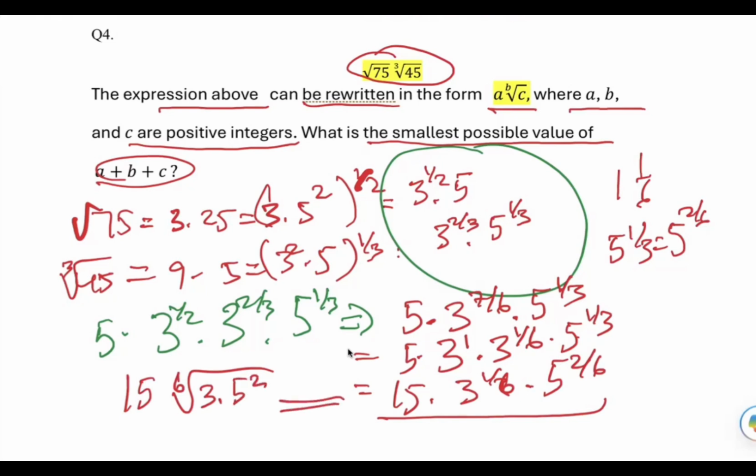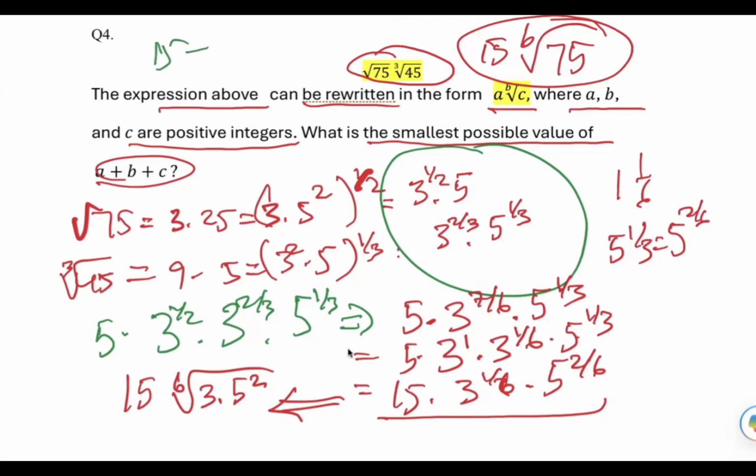This is the same thing as that. And what do you think is the answer? We're going to have 15, 6, and 75. And that is our baby. And then when you add all of them, 15 plus 6 plus 75 is going to give you 96.